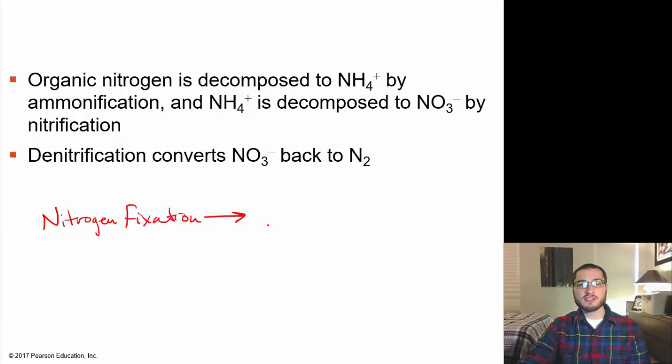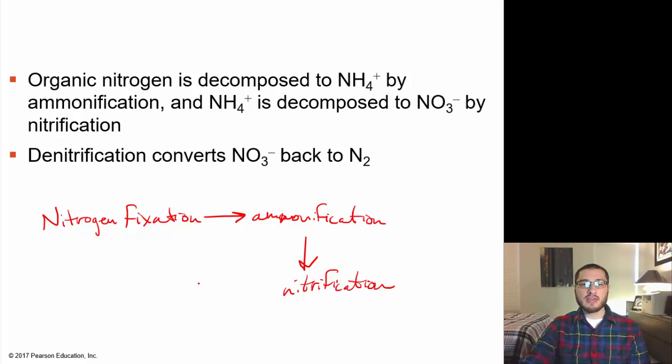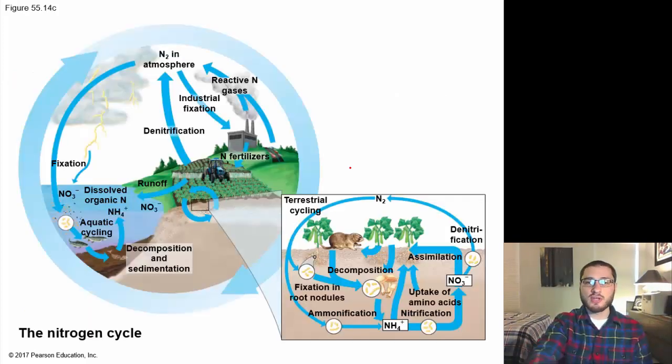Once that nitrogen is fixed, you are going to have ammonification, and then from there we can have nitrification for it to be readily available. After that has occurred, you're going to have denitrification, turning that readily available nitrogen into atmospheric nitrogen yet again, and that cycle continues.